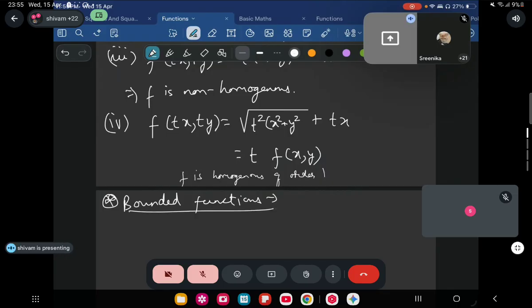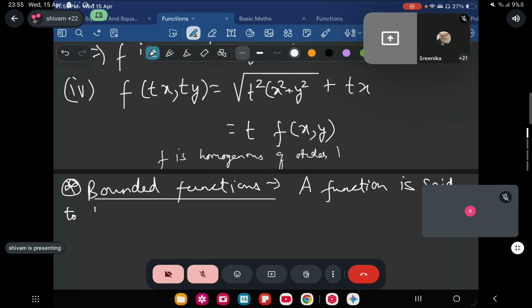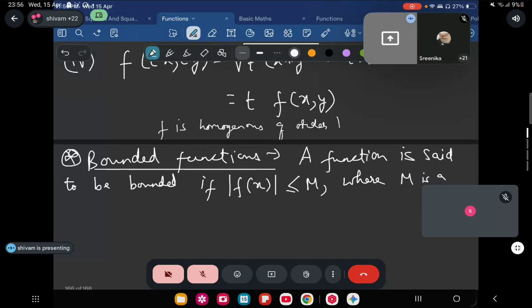A function is said to be bounded if mod of f of x is less than or equal to m, where m is a finite quantity.